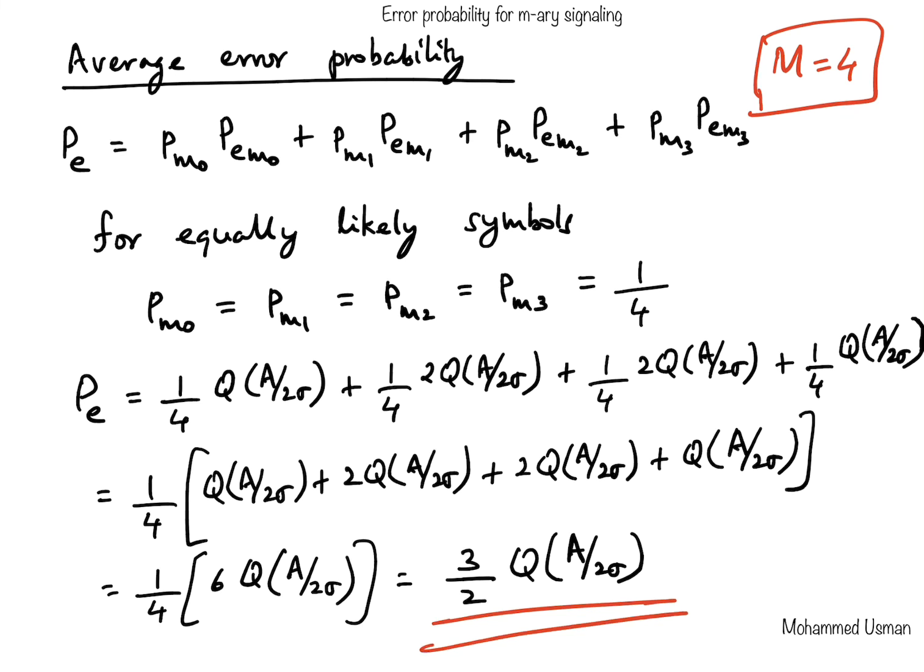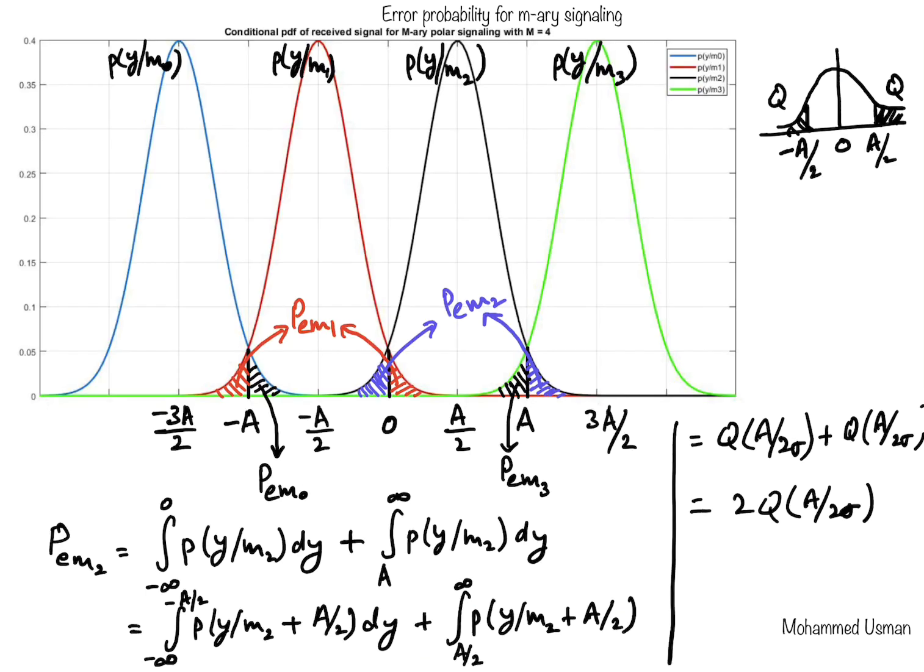So we are going to use this idea to compute the general expression for any value of M. The idea is that the symbols on the outer sides are going to have an error probability of only 1Q, and the symbols in between will have error probability 2Q, because they have 2 boundaries.